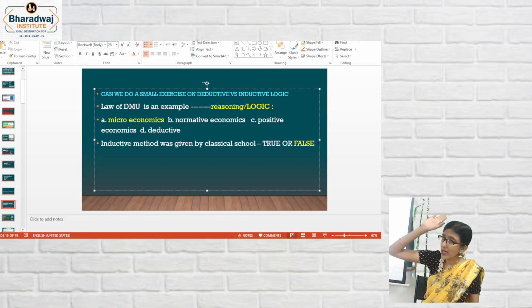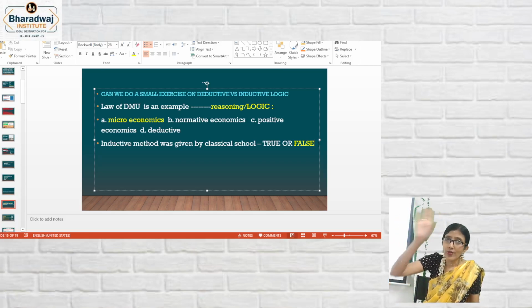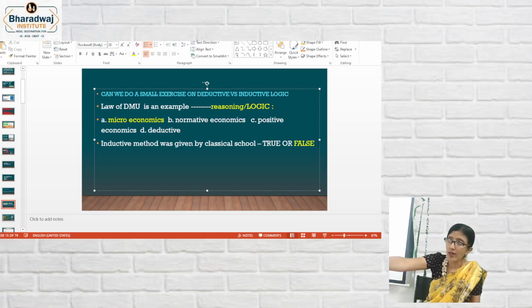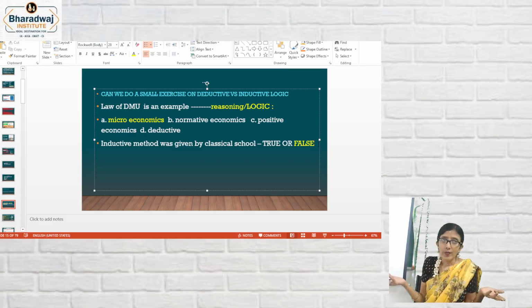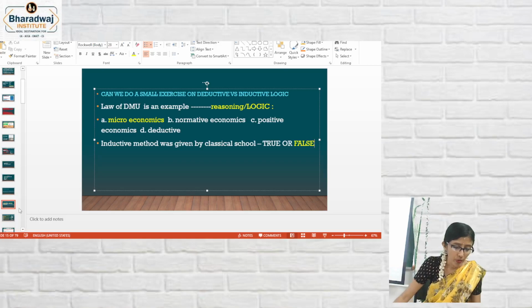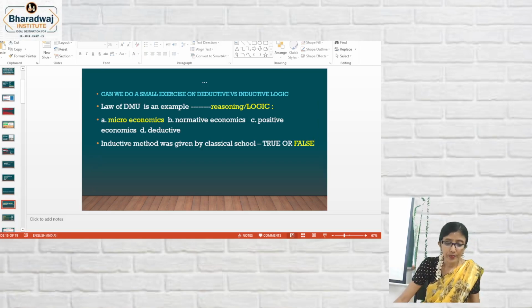That is why we have added it separately as one part in our Bharadwaj material. When a question is asked on deductive and inductive, students make a mistake because they do not understand this fundamental. That's why it comes under segment A. Are you clear now? Yes. We will move on to the next one.